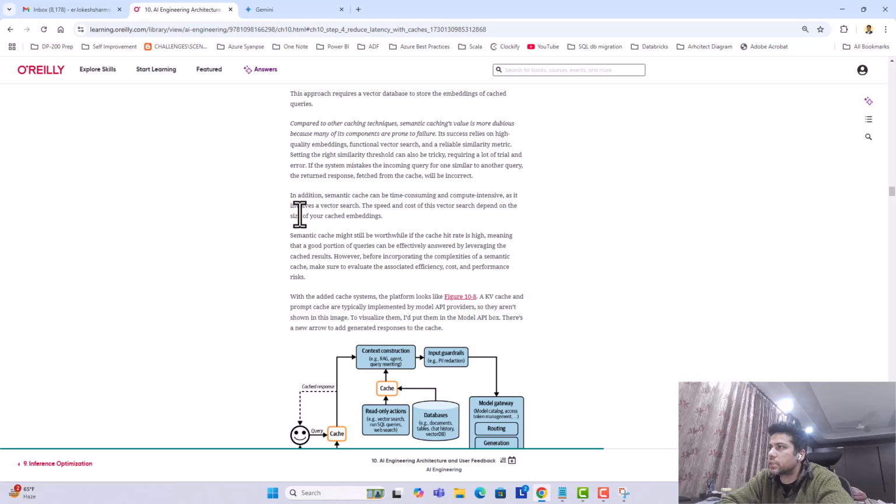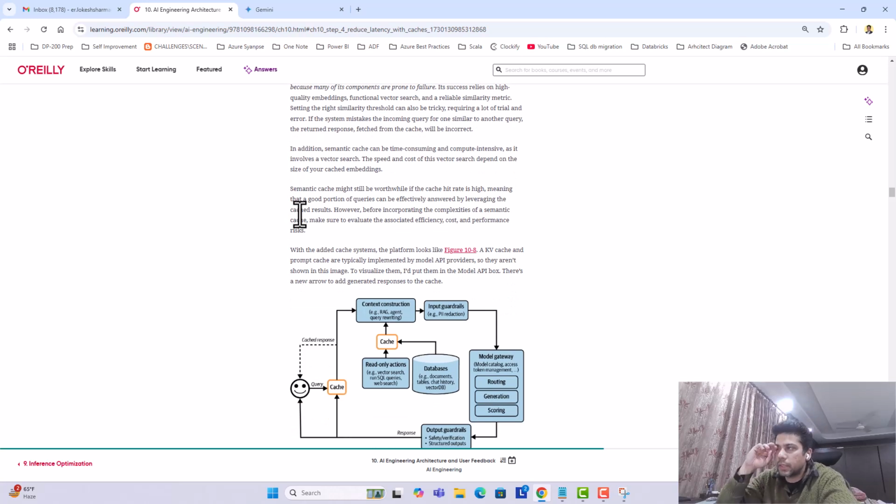If the system mistakes the incoming query for one similar to a cached query, the response fetched from the cache will be incorrect. In addition, semantic caching can be time-consuming and compute-intensive as it involves vector search. The speed and cost of this vector search depend on the size of your cached embeddings.